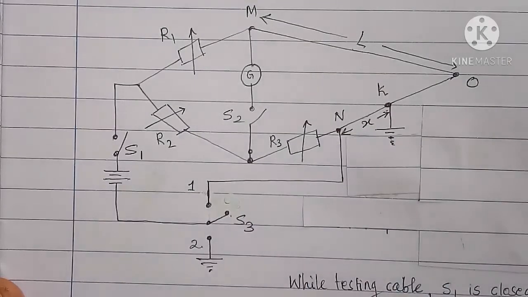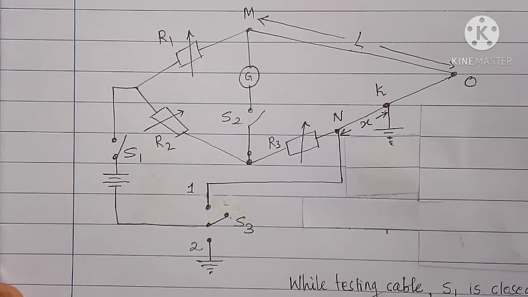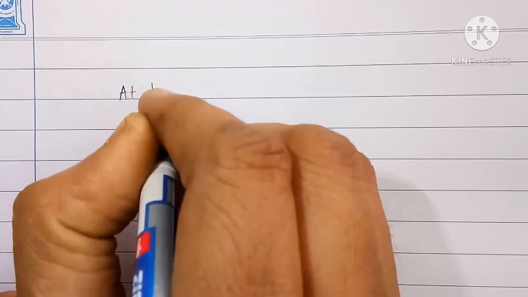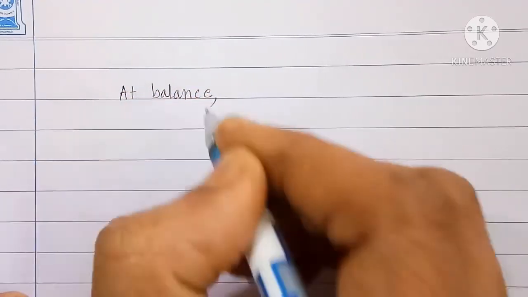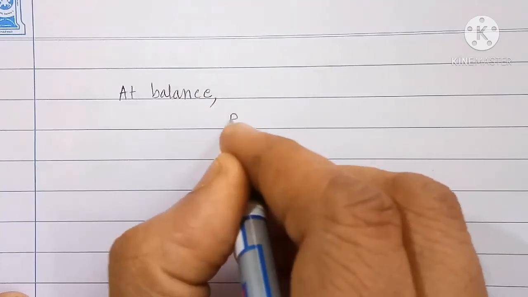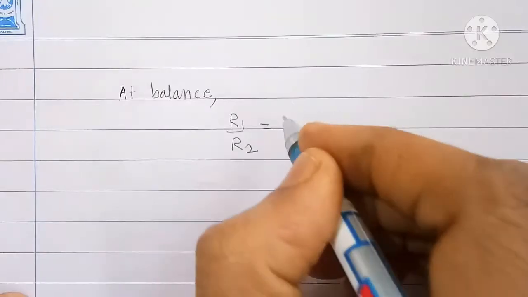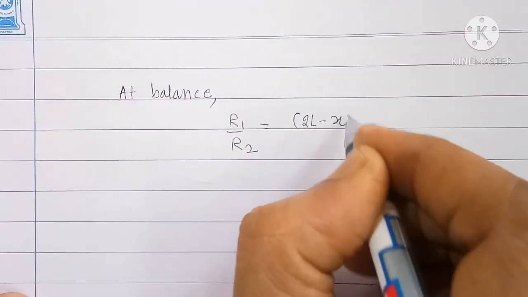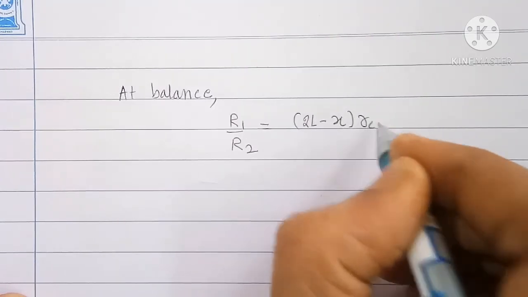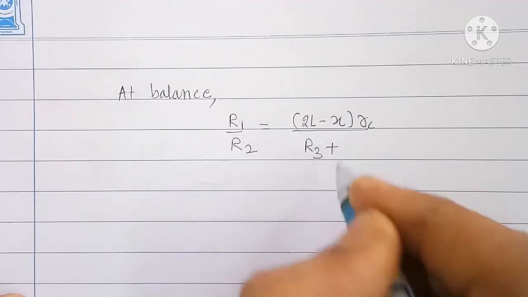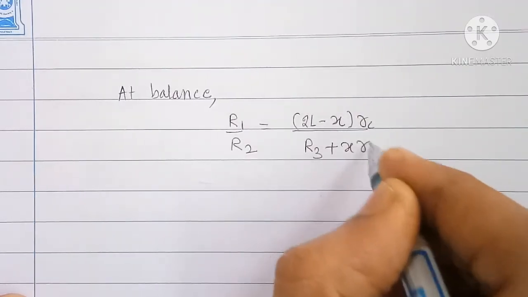At balance, we will have the ratio of resistance R1 to R2 as 2L minus x into RC divided by R3 plus x RC.